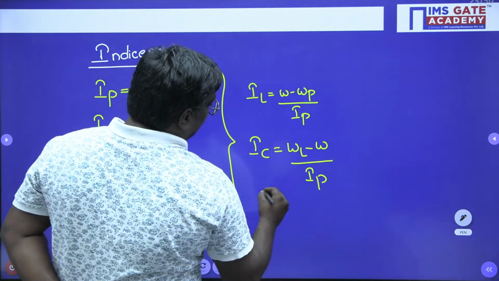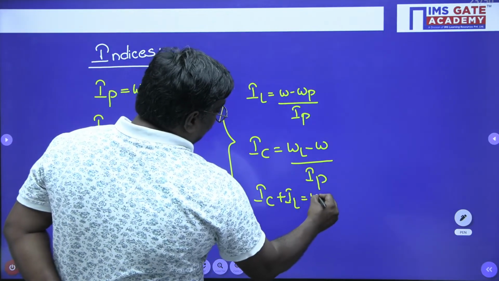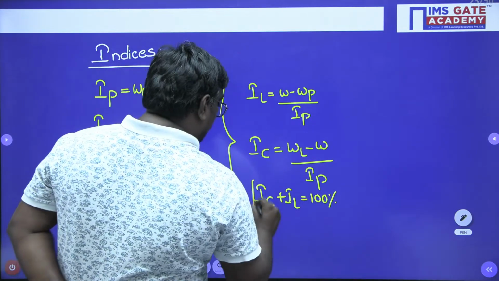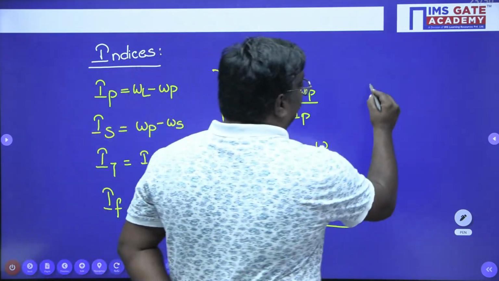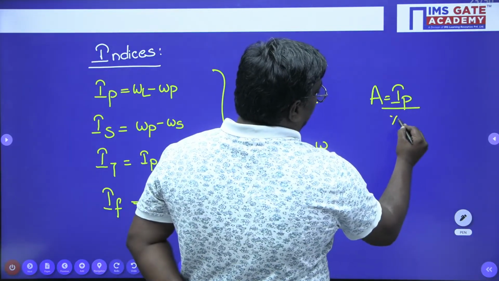And we have studied that IC plus IL is equal to 100 percent. And remember, activity ratio is given by the formula Ip upon percentage clay.